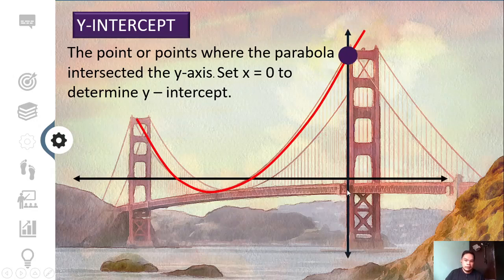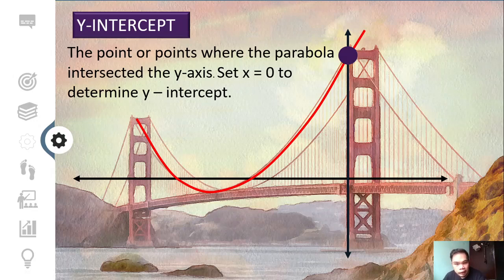So, ito yung y-axis natin. Ito yung parabola, yung kulay red. Yung kulay red tumama sa y-axis sa ditong point na to, itong color purple. Okay, then itong color purple na point na ito, ang tawag natin dyan ay y-intercept.